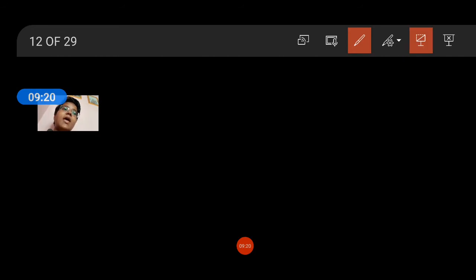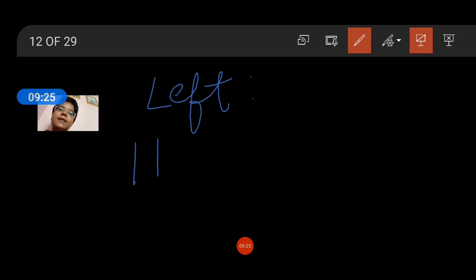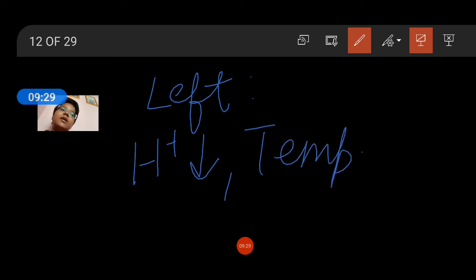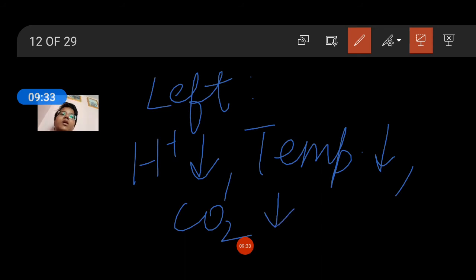When it shifts towards the left, H plus concentration decreases, temperature decreases, CO2 concentration decreases, and O2 concentration increases.